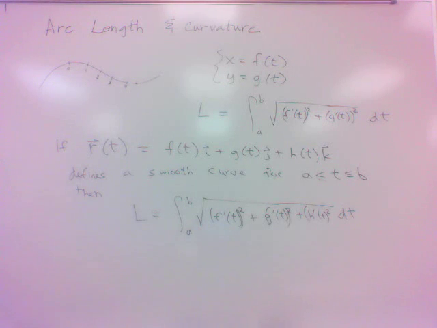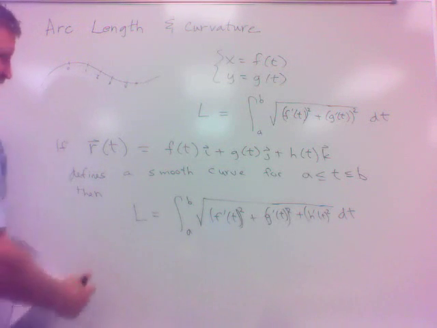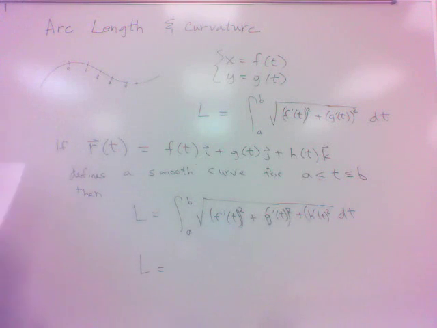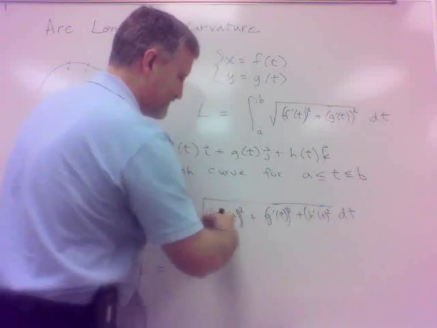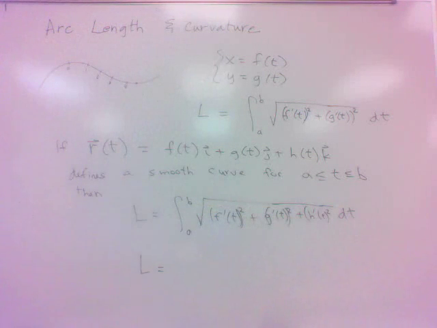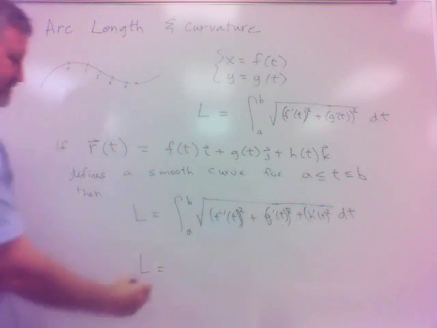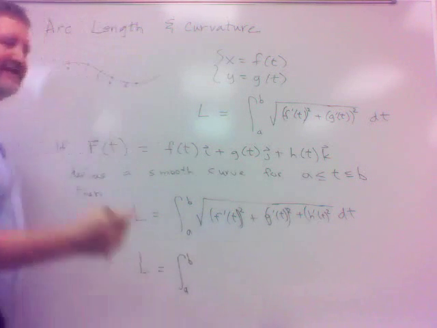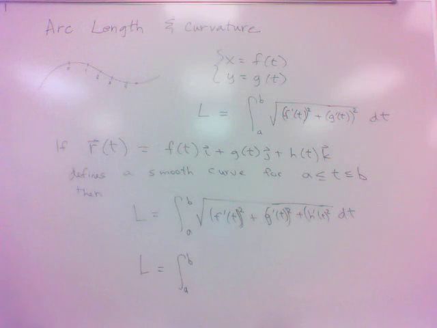But this can be compacted a little bit. What is the square root of all these derivative squares in other terms? It's the magnitude of the derivative vector.